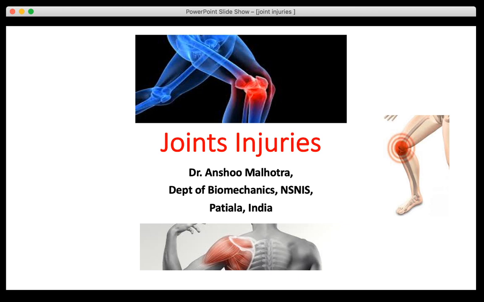These three have the maximum number of cases in sports, because they allow most of the movements you make in each sport, whether you're running, jumping, or throwing something. Shoulder is involved in running, and your whole muscle chain from the hip, knee and ankle is involved. All these joints are very common in sports, and they allow a good amount of movement in all three planes. So these are more prone to injuries.